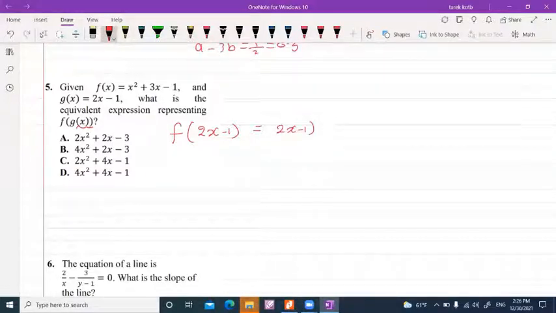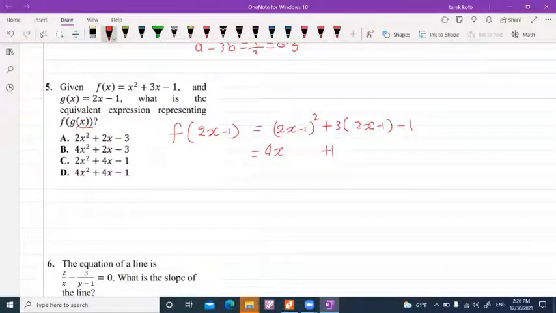So it will be 2x minus 1 squared, replacing the x squared, plus 3 times 2x minus 1, replacing the 3x, minus 1, and simplify this expression. How can I simplify the polynomial square? Square the first, square the last, it will be plus 1, and multiply the first times the second times 2. Negative 1 times 2 equals negative 2x times another 2 equals negative 4x.